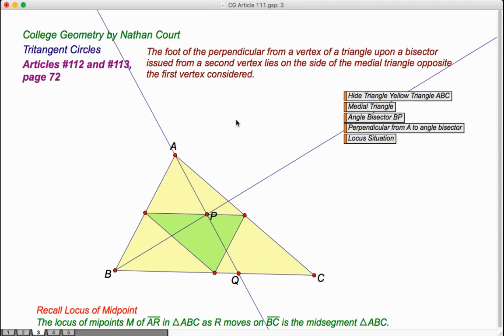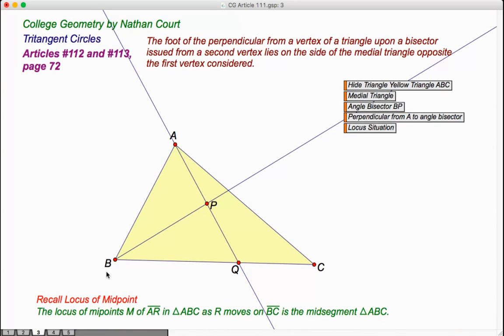Okay, so let's try to figure out what we can do with this, okay? Let's try to hide first the medial triangle. I don't need that. So what I needed was to just construct this one and name this point Q. And since I named this point Q, you will notice, people, that this triangle is congruent to this triangle.